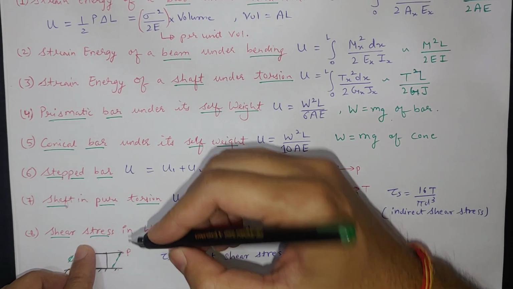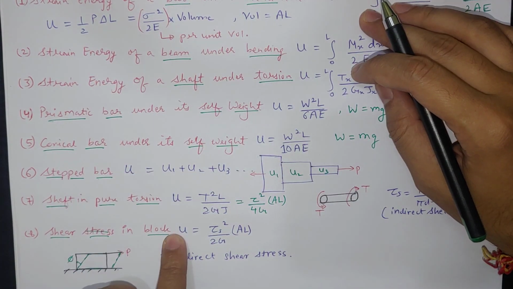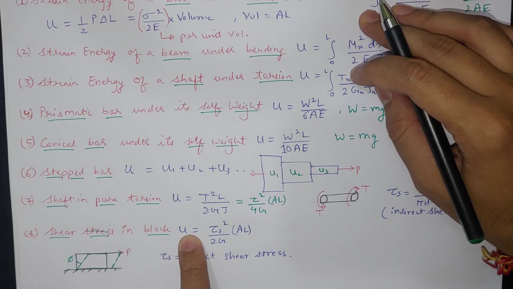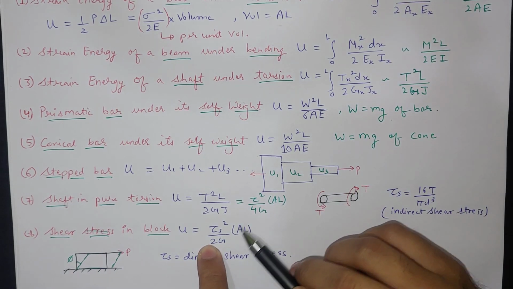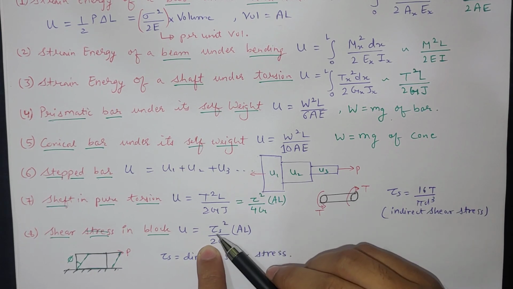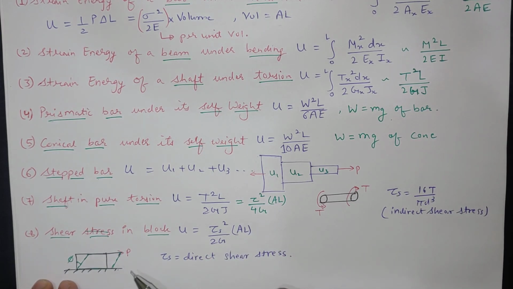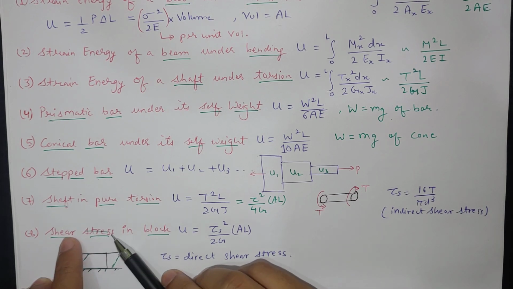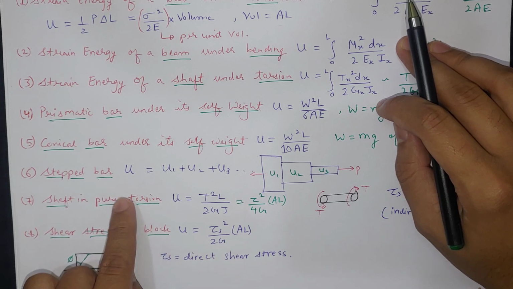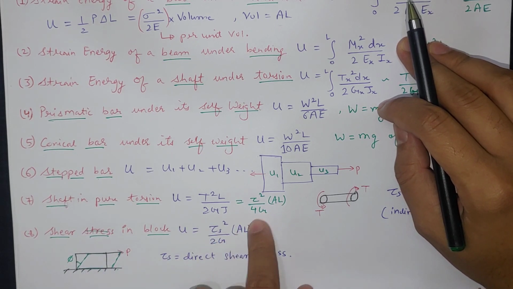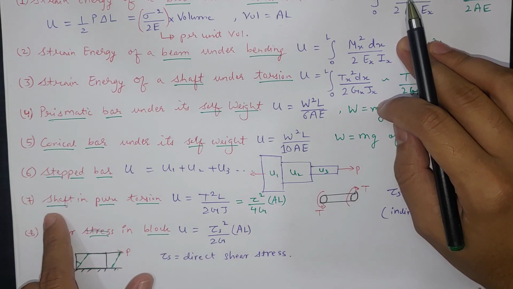So the strain energy in the block U will be tau s square by 2G into area into length. Here 4 is there, there 2 is there; that is the basic difference between these two. This is indirect shear stress, this is direct shear stress. So if you apply direct shear stress, the total strain energy is U equal to tau s square A L divided by 2G. So these are two different cases, and we have to remember these two cases for shear stresses.